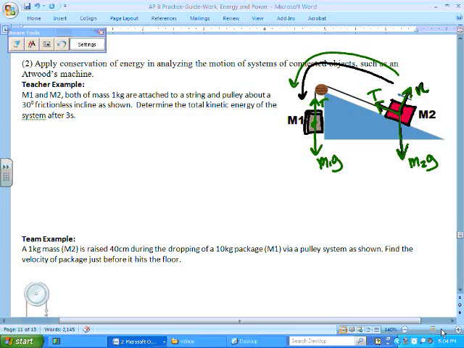And also, again, I'm going to reiterate that this is going to be a 1D problem, because if you think about it, the component of gravity on M2 has to cancel out with the normal force. So you're only left with the component of M2G that's along the surface of the ramp, and we'll call that M2G sine of 30.